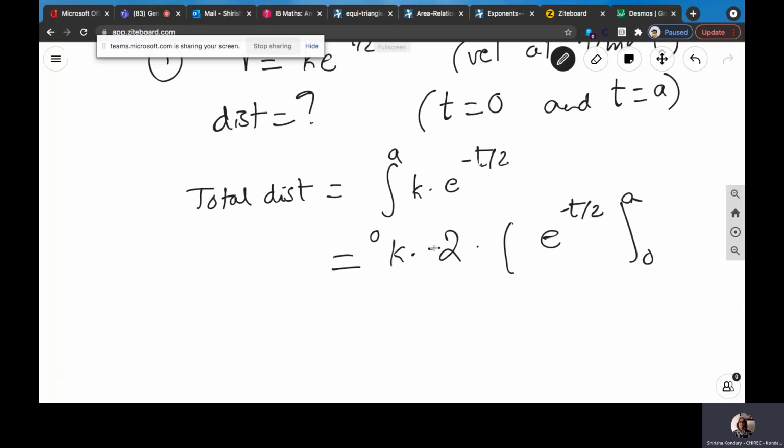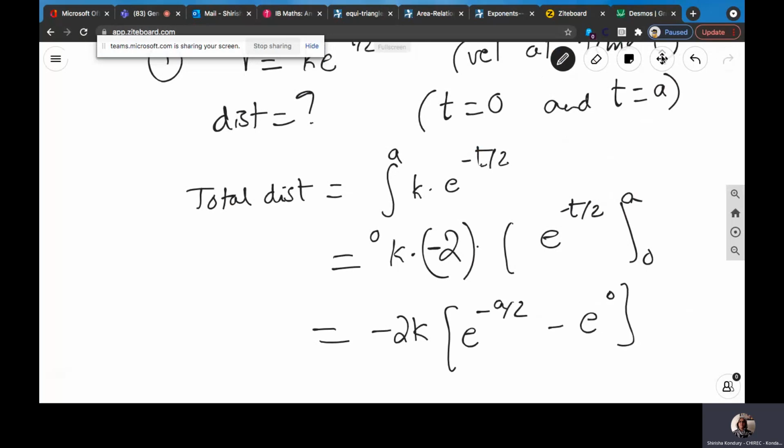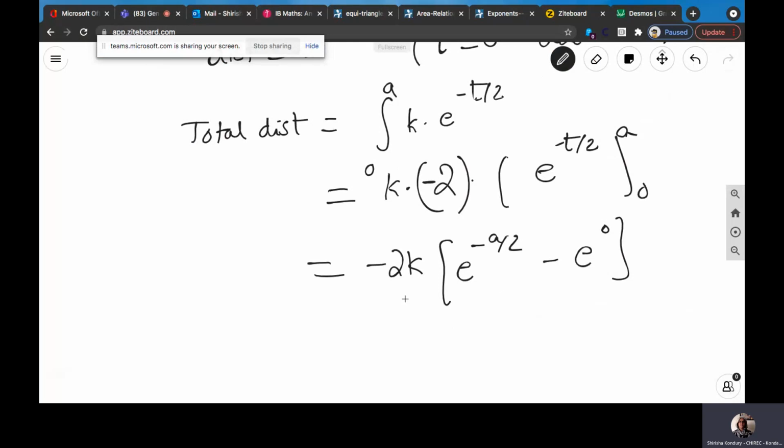There is a minus because it's 1 upon minus half. So it's minus 2k times e raised to minus a by 2 minus e raised to 0. E raised to 0 is 1, and there is a negative sign here. So it's 2k times 1 minus e raised to minus a by 2. a is a value, and this is the final answer.